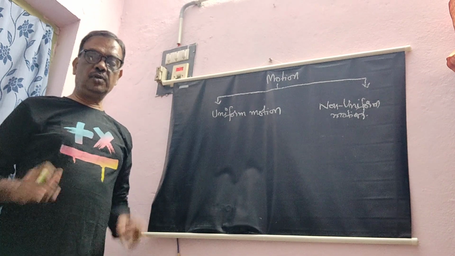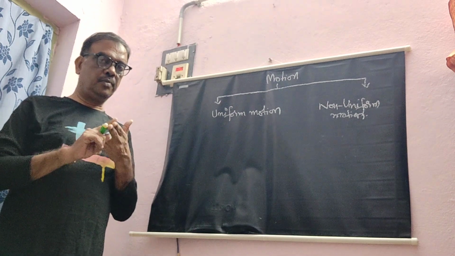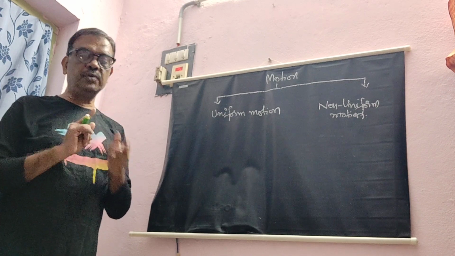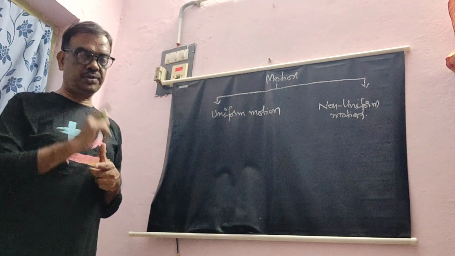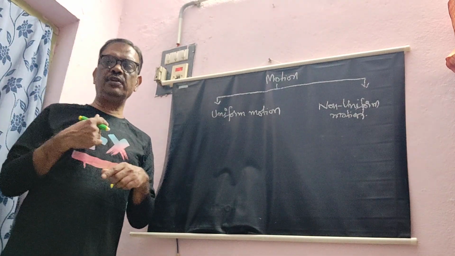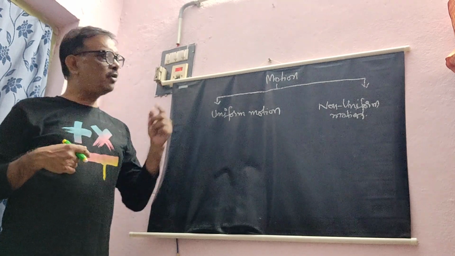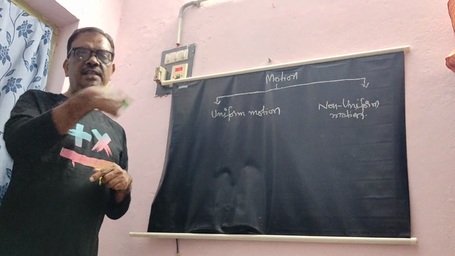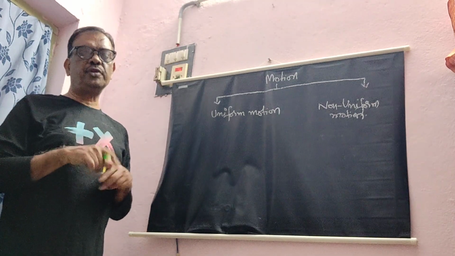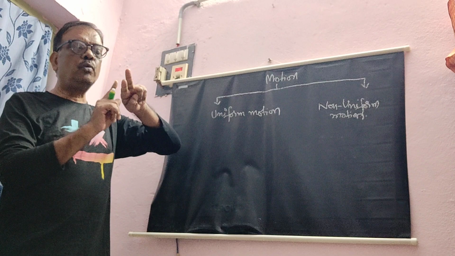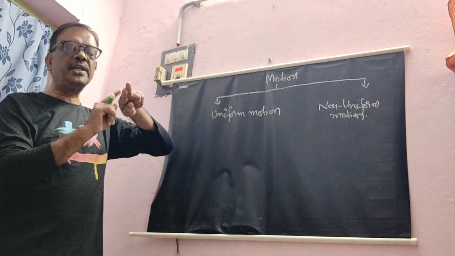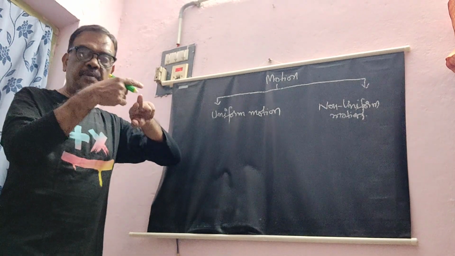We know very well, motion and rest, both these physical quantities are relative, because motion is not absolute, rather it is relative. I have explained what is relative motion. If an object is at rest, then the other thing will appear in motion. If that is at rest, this thing will appear in motion. One of these objects has to be at rest, then the other will appear in motion.